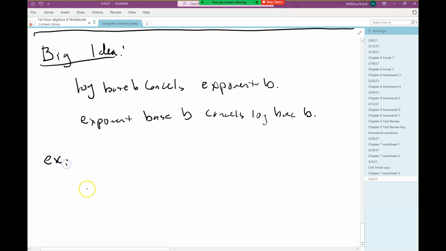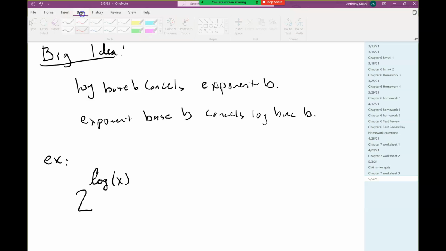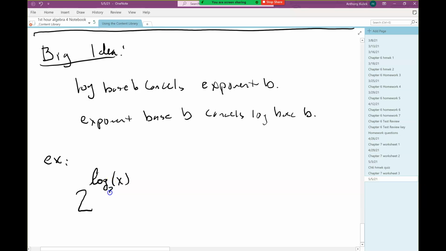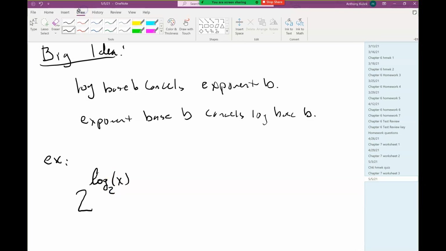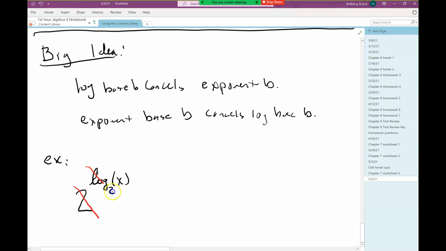So, for example, if I have 2 to the log base 2 of x, that exponent base 2 will cancel that log base 2, and we'd be left with just x.